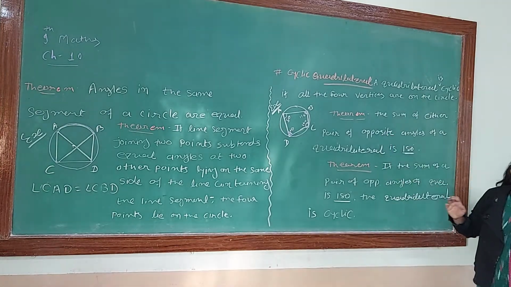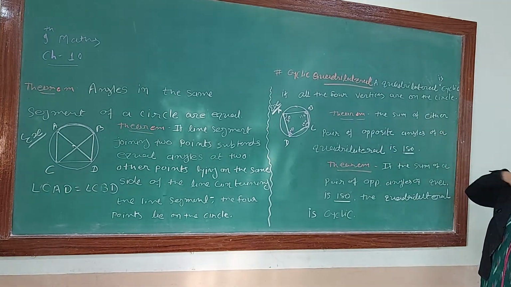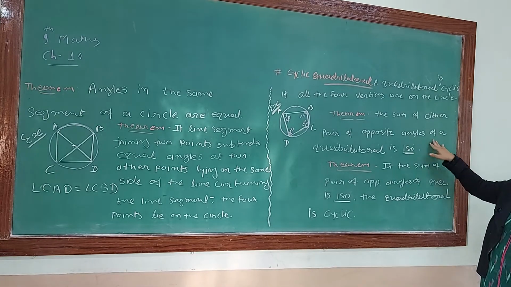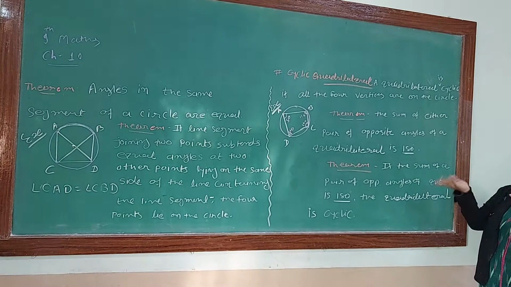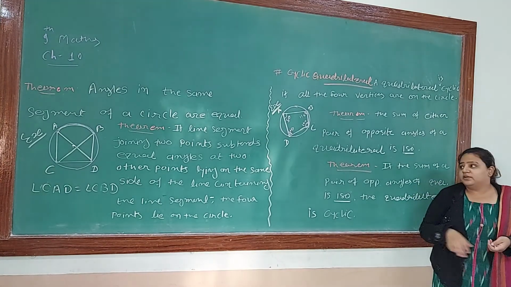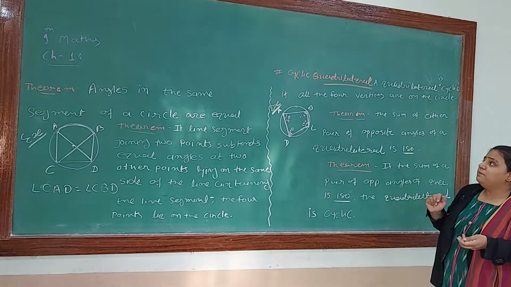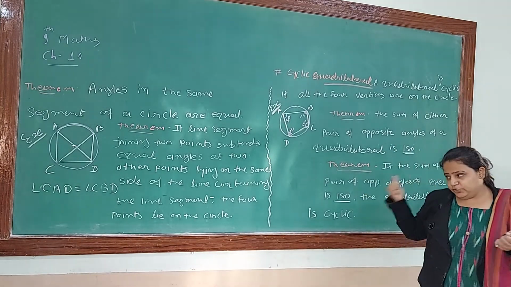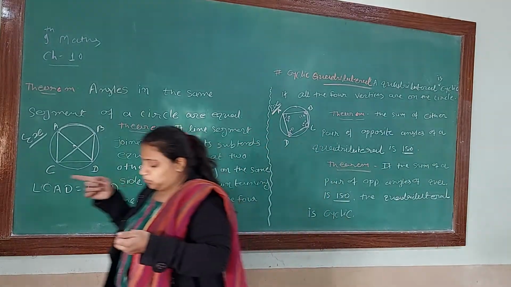Here they say that if opposite angles sum to 180, then it is a cyclic quadrilateral. So it is a vice versa theorem. This theorem you can apply for the sum, and it is very important also. Let us see the new theorem.